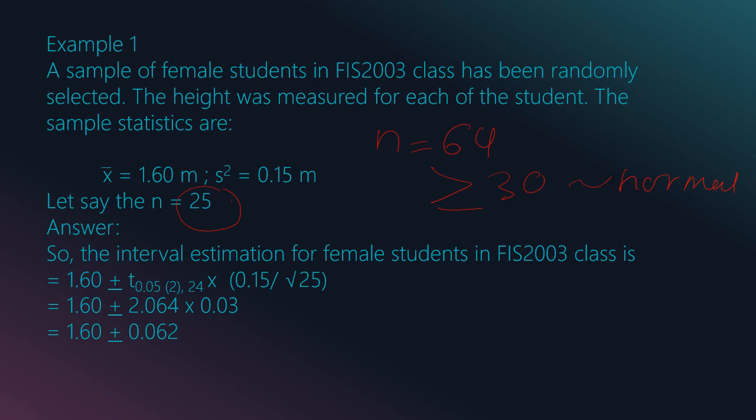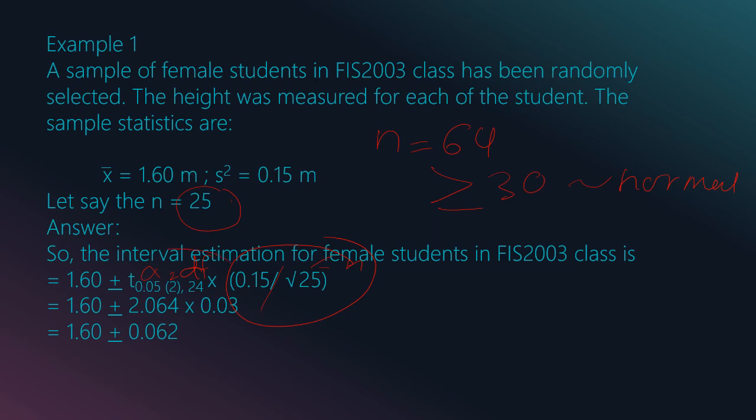The interval estimation for female students in this class is 1.60 plus minus t at alpha 0.05 times 2 and 24 degrees of freedom, times 0.15 divided by the square root of 25, n. This is the same formula as in the previous example.